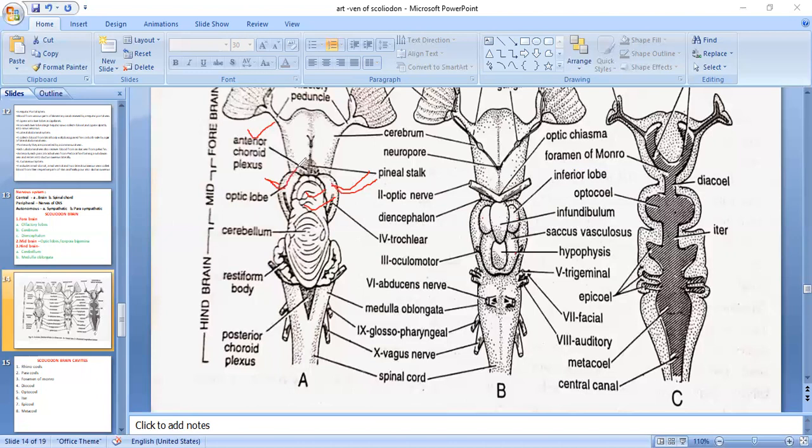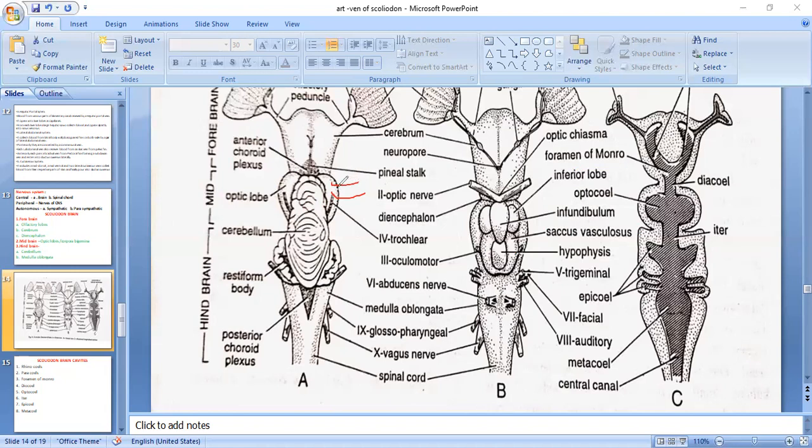They are also known as corpora bigemina. These are related to vision and hearing of the animal. Optic lobes are not only for vision, but the auditory function is also under the control of the corpora bigemina or optic lobes.